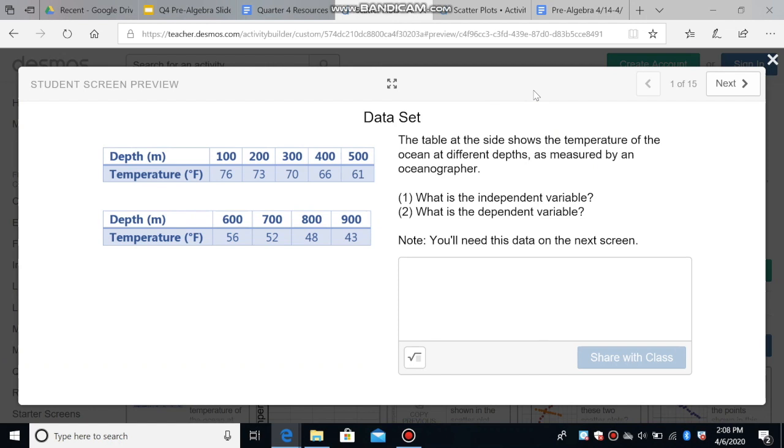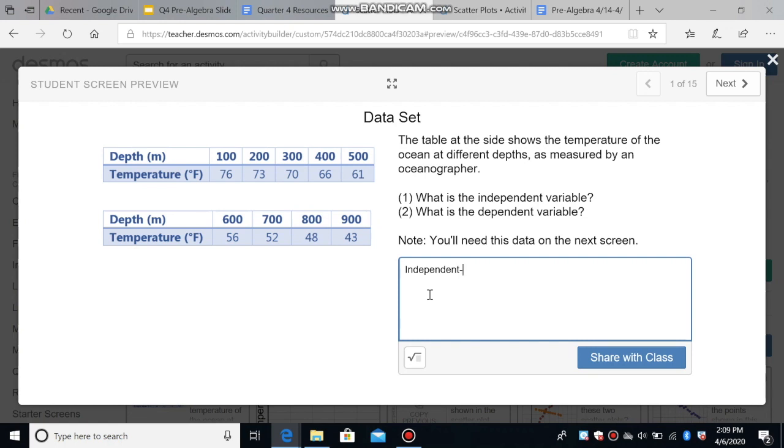The first question asks, what is the independent variable and what is the dependent variable? The independent variable is the depth. The temperature is our dependent variable because it changes at different amounts depending on the depth. So the temperature of the water depends on the depth.